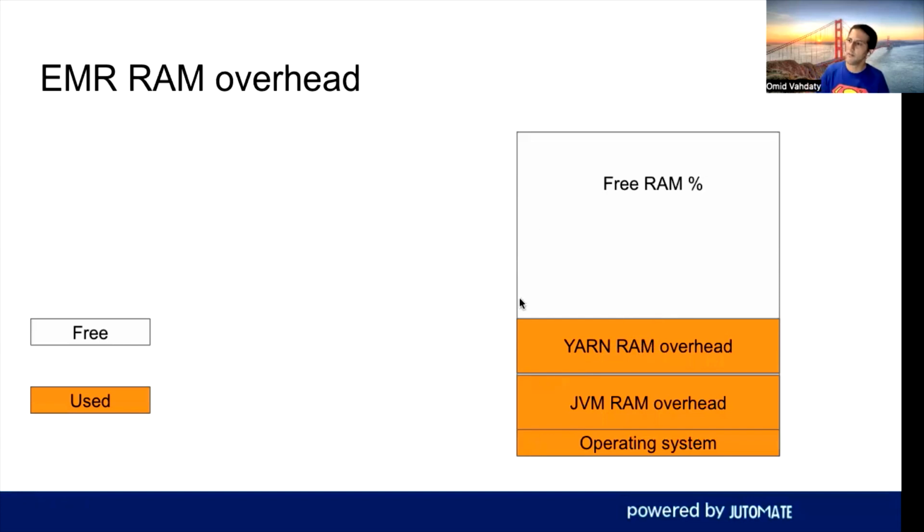So essentially, it reduces the amount of memory to 50% of what you're selecting. This is why it's usually a good decision to start with the R instances for EMR.